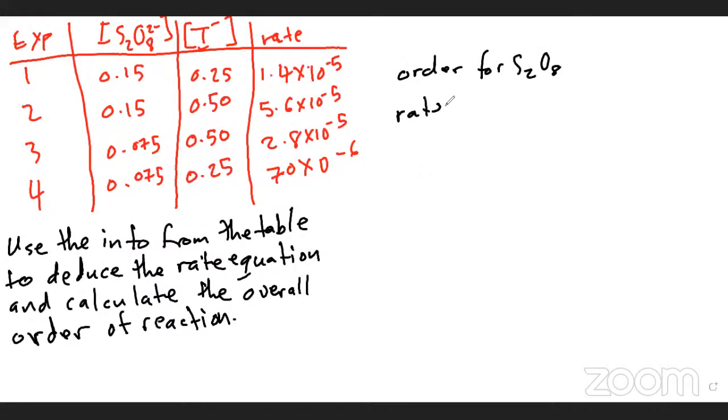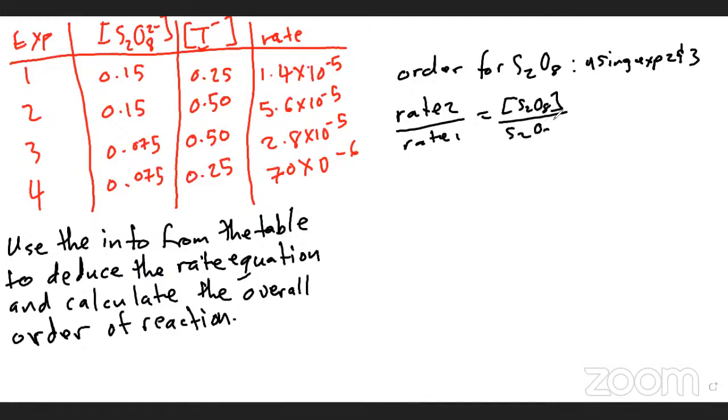So using experiment 2 and 3, rate 3 over rate 2 equals S2O8 over S2O8. We use the bigger number at the top.